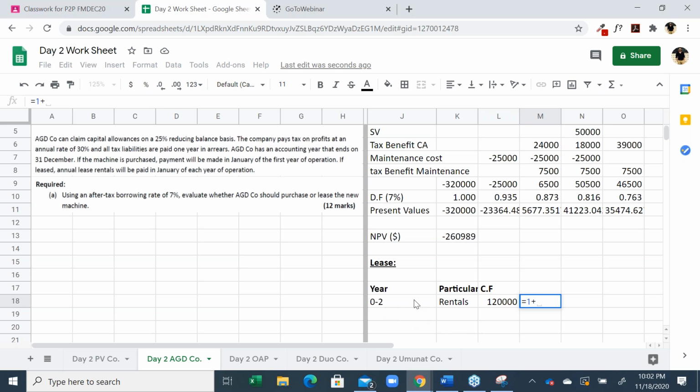Then we are left with 2 years, so we need to calculate the annuity factor for 2 years, and the formula is 1 minus (1 plus R) raised to the power minus 2, whole divided by the rate, where R is 7%. That gives 2.808.